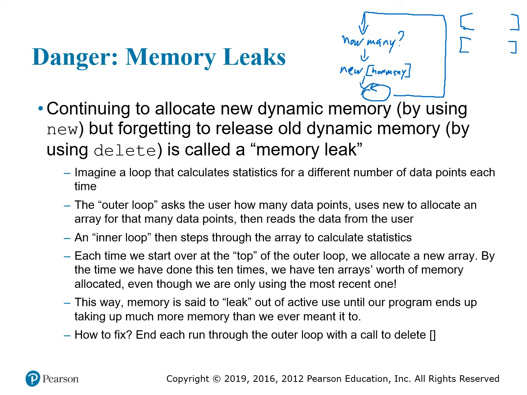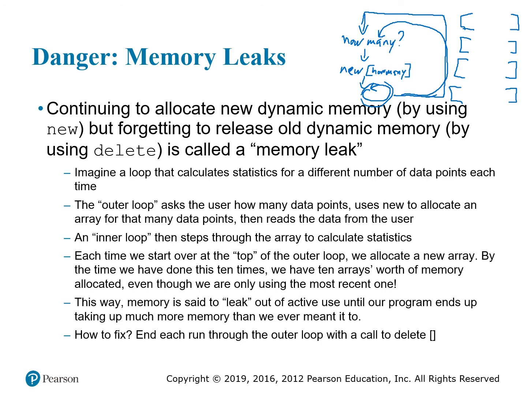And then we run through that loop, and we come back around the outer loop again, and we create another new how many, and we just keep stacking up arrays in memory that we never clear the memory from. We never delete.